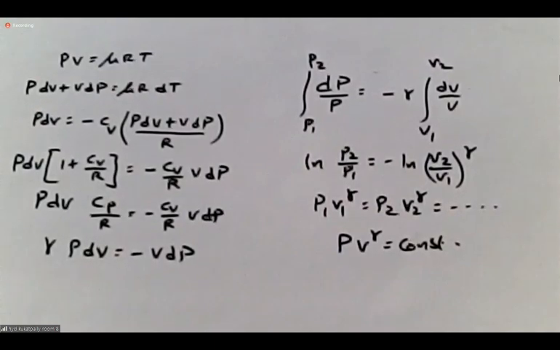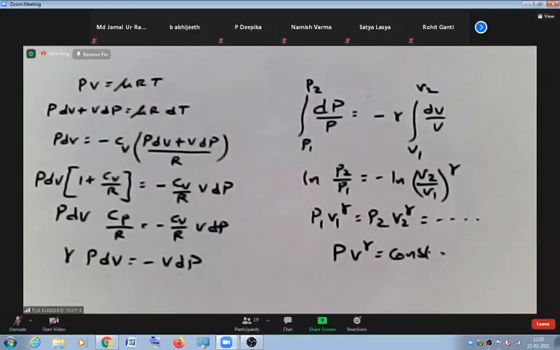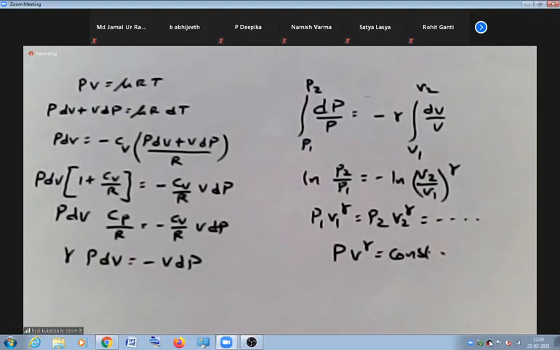So any two processes can form a cycle. More than two processes also can form a cycle. A cycle means a bunch of processes which bring the gas back to the initial condition. Clear? Understand?